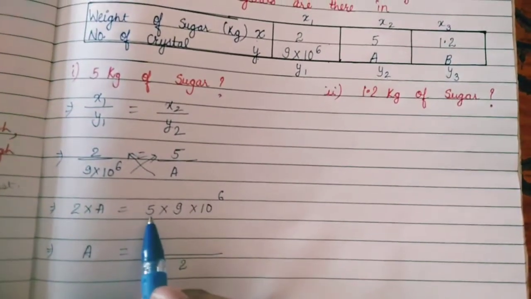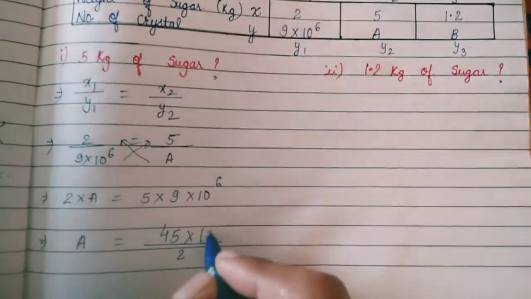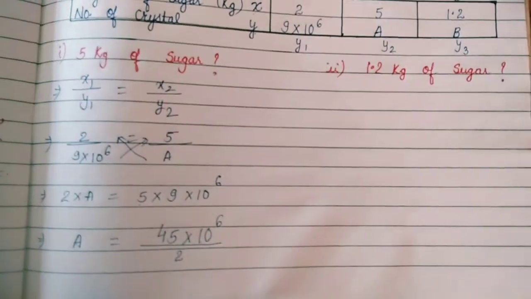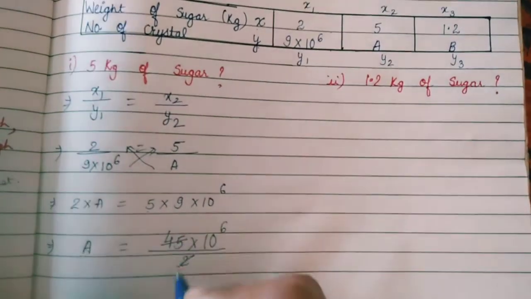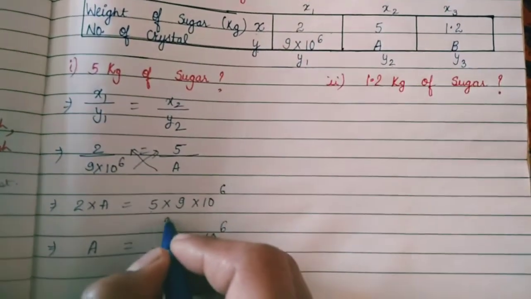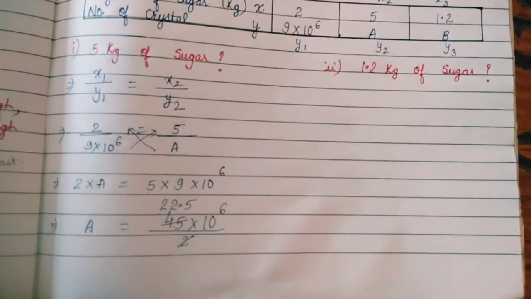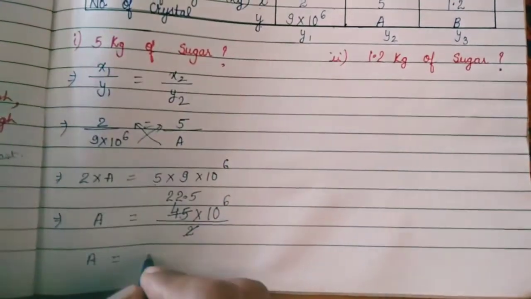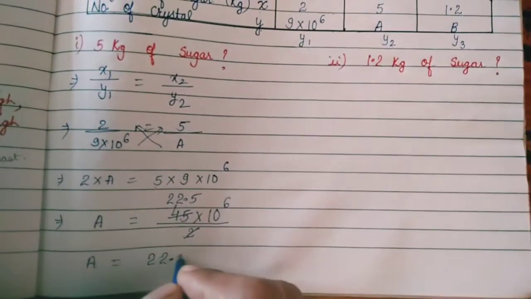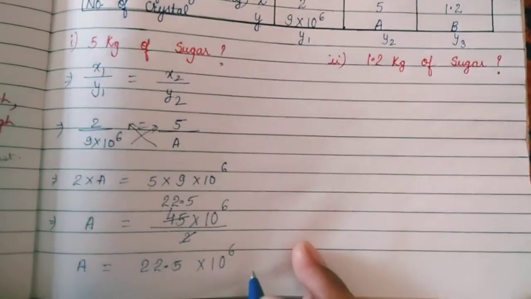Here you can see 5 times 9 is 45. 45 will multiply by 10 raised to the power 6. Here we will simply divide 45 by 2, which will give us 22.5. So we have the value of A as 22.5 multiplied by 10 raised to the power 6.